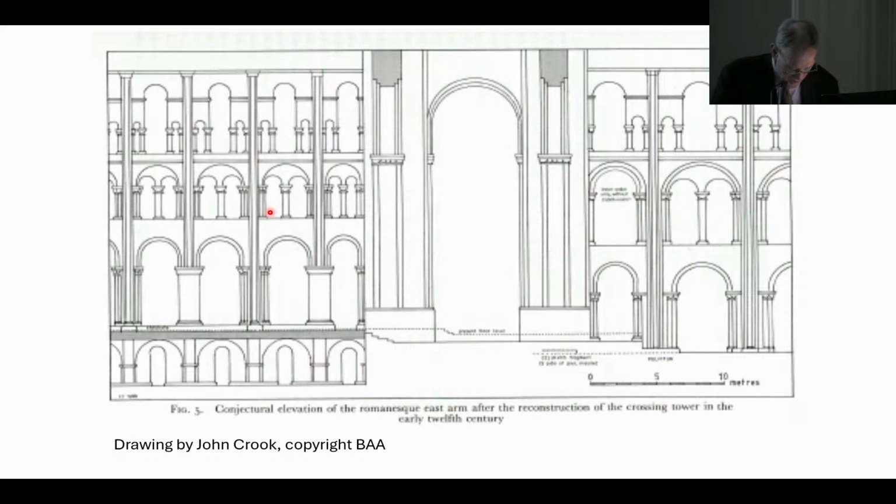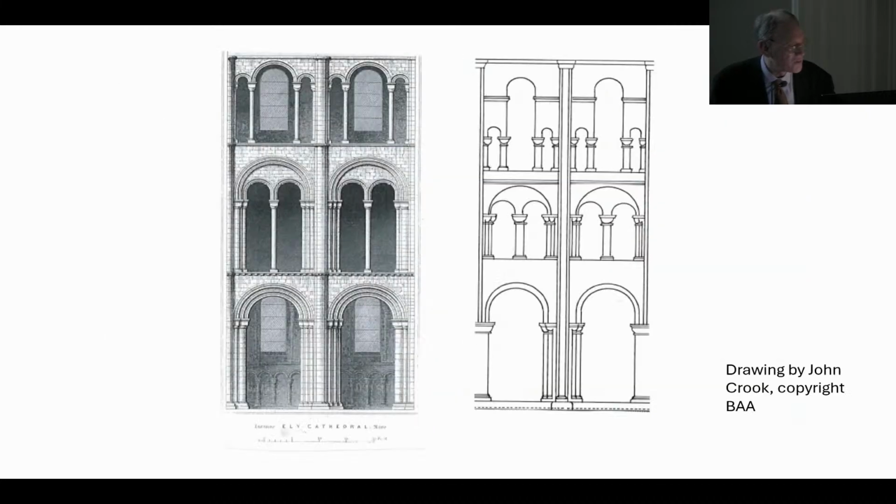It rather looks as though the Winchester Presbytery elevation was adopted full size as the framework for the design of the elevation at Ely. And if we compare to the same scale an elevation of 2 bays of the nave at Ely and 2 bays of the presbytery at Winchester, you can see that the heights of the individual stages are very different, but the basic scaffolding of it, as it were, the total height and the widths of the bays are actually very close indeed.